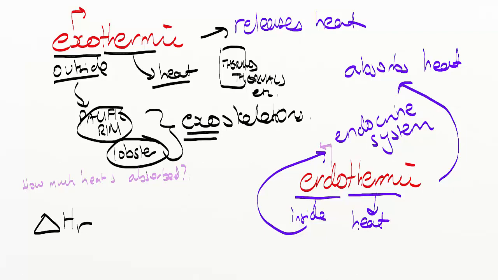So the way I express that is a unit known as delta HR. Delta means change in. Okay, H stands for heat, and R stands for reaction. So delta HR really means what is the change in the heat of reaction.